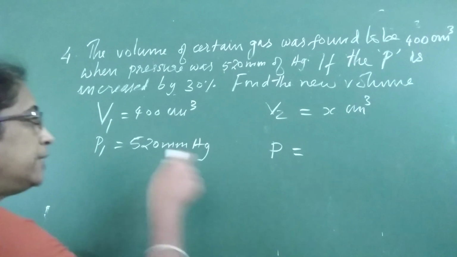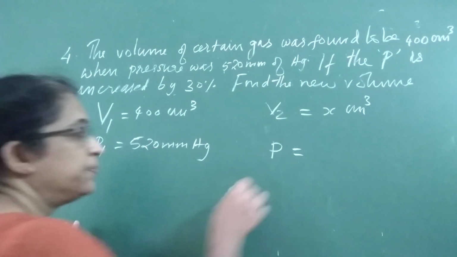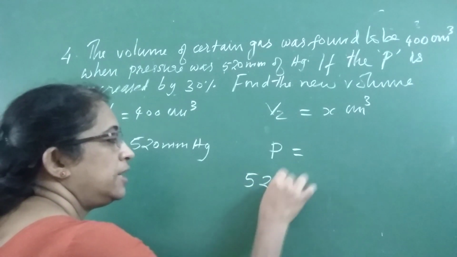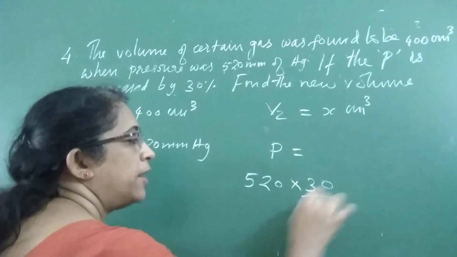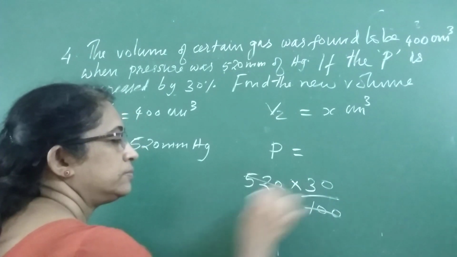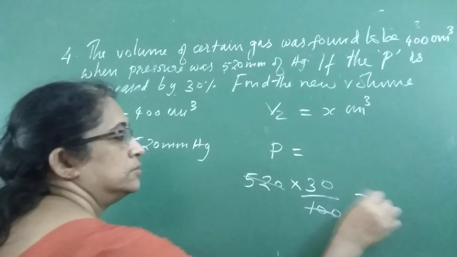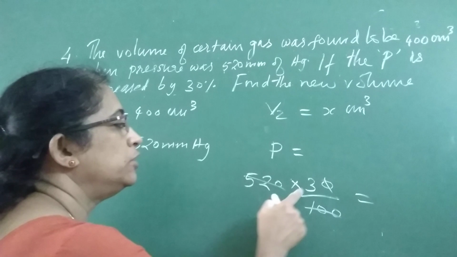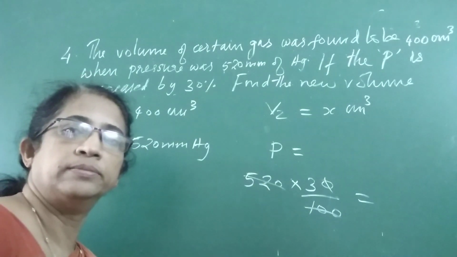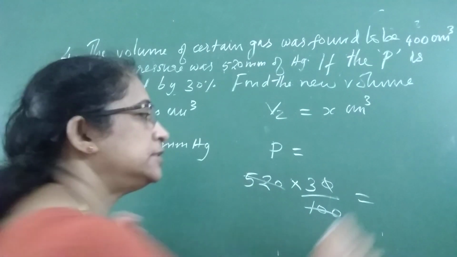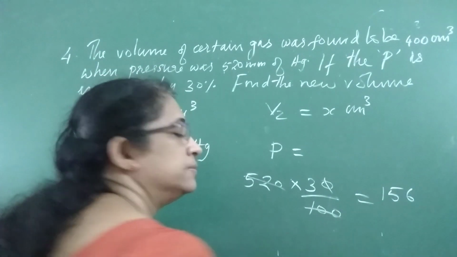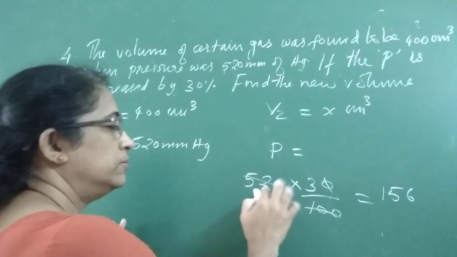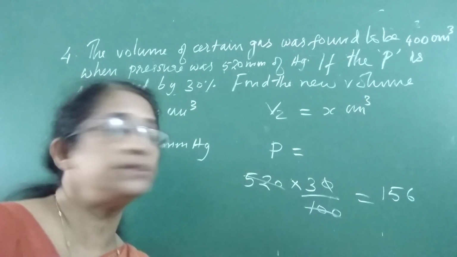That is 30% of the initial pressure. That is 520 into 30 divided by 100, which is equal to 52 into 3. The answer is 156. So 30% of 520 is 156.